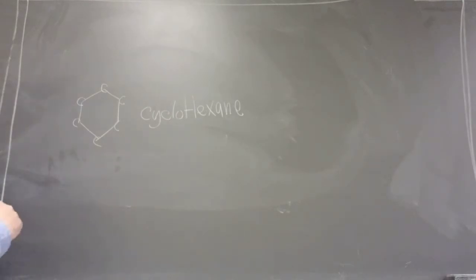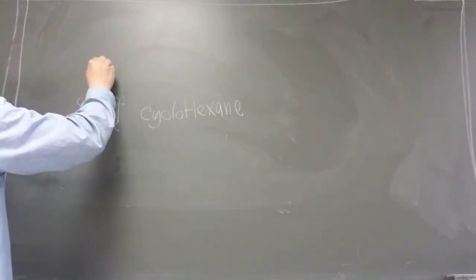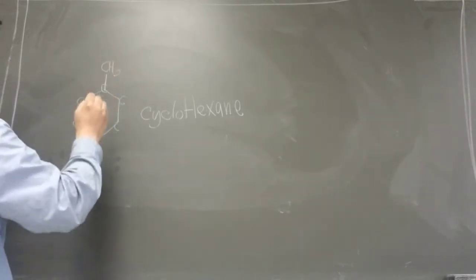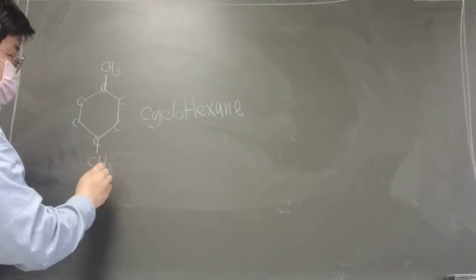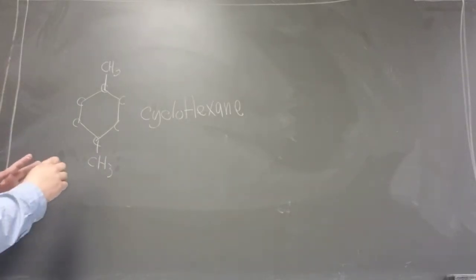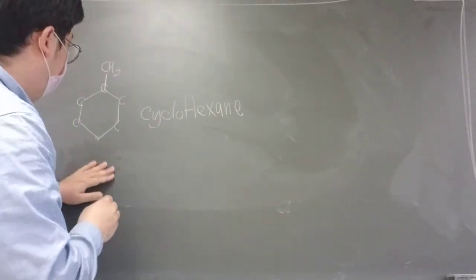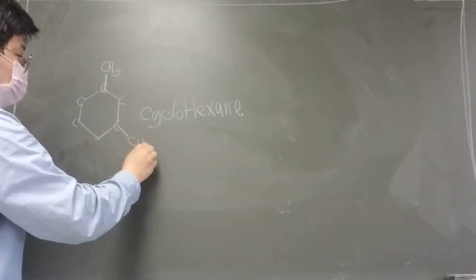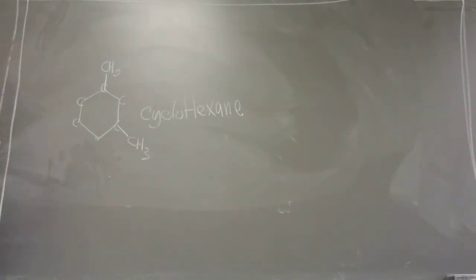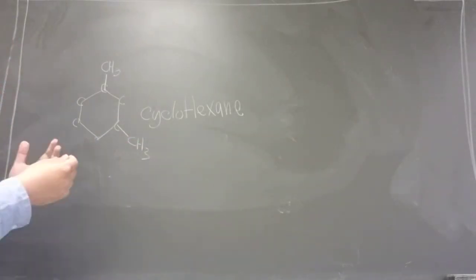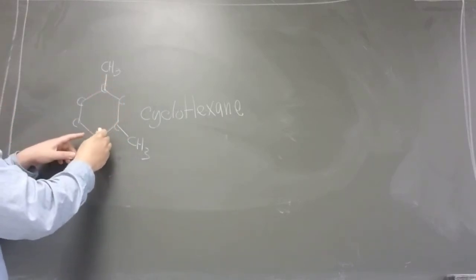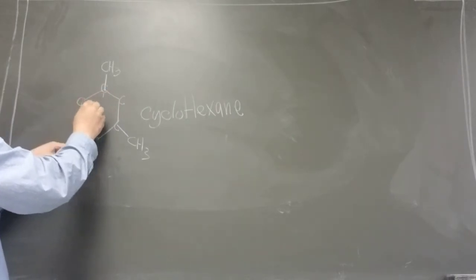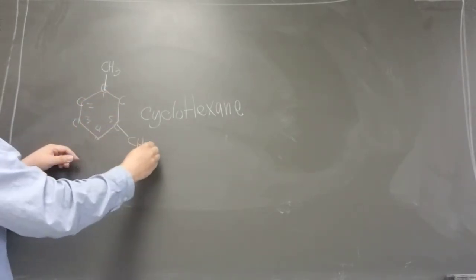Whenever you have substituent groups, like a methyl here and another methyl group here, we try to count the carbons so you get the lowest possible locants for these two substituent groups. If you count from here, that will give you 1 and 4.